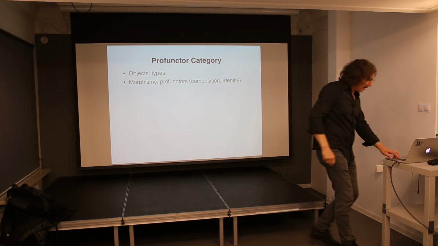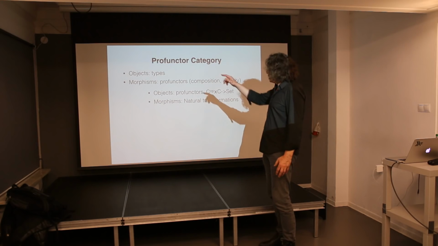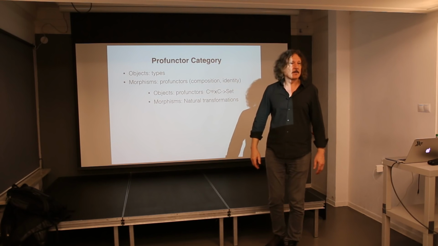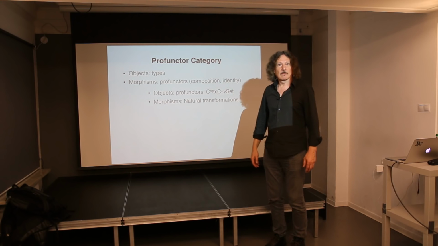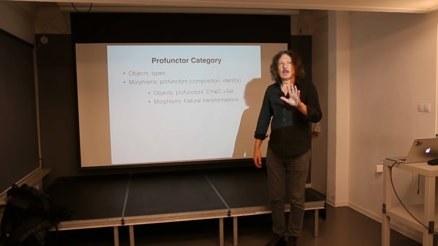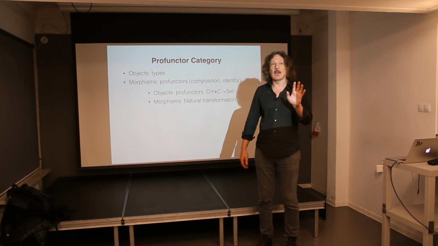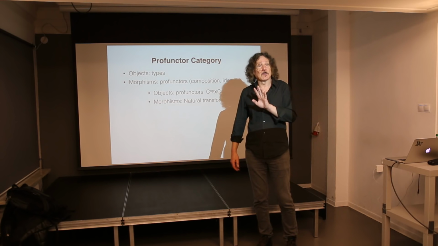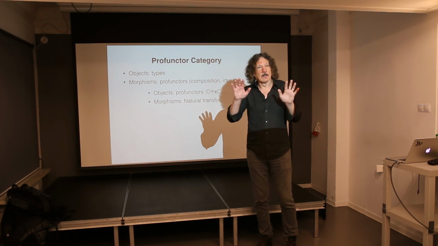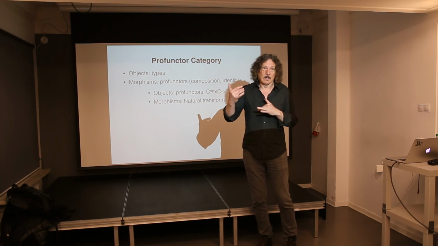But I can also have a completely different category in which objects are profunctors. Just like you have a category in which objects are types and morphisms are functions, you can have a category of functors between categories, in which functors are objects and natural transformations are morphisms.